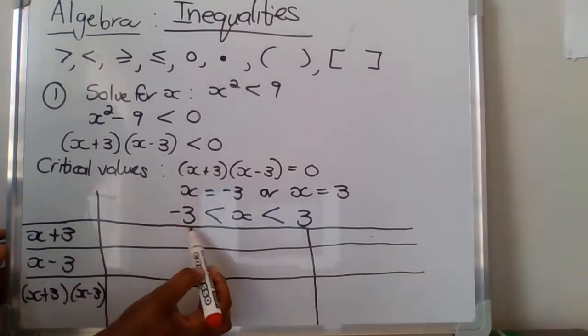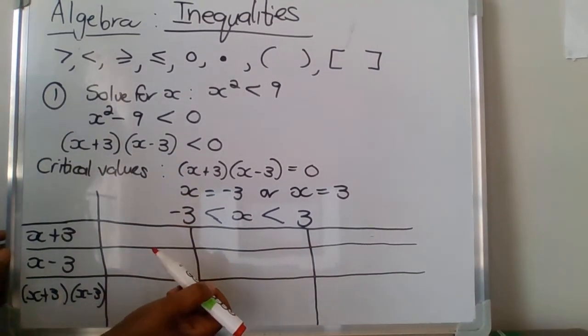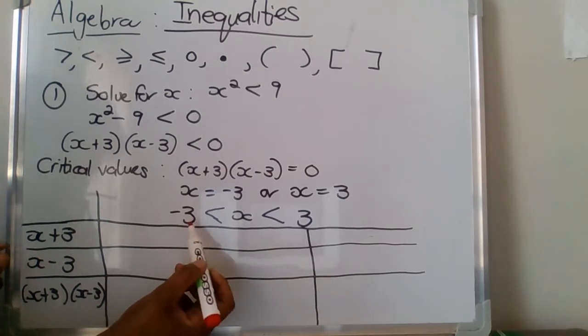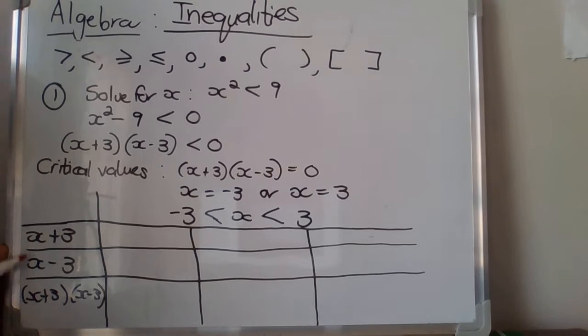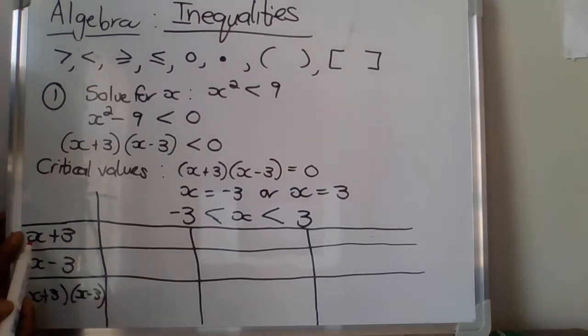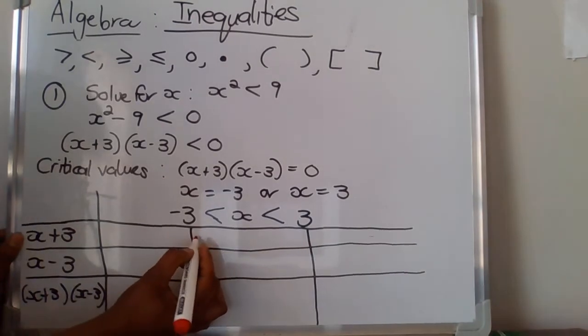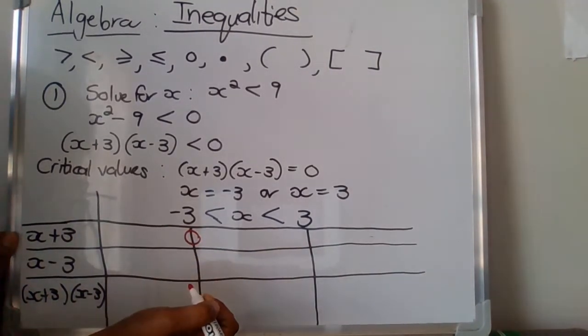When x is equal to minus 3, and I put it into this here, the first one, into x plus 3, when x equals minus 3, it equals 0. You with me?